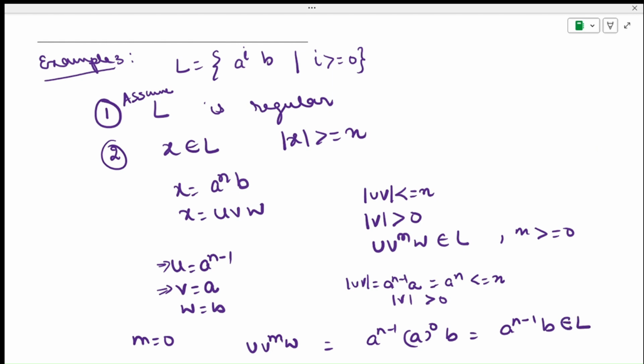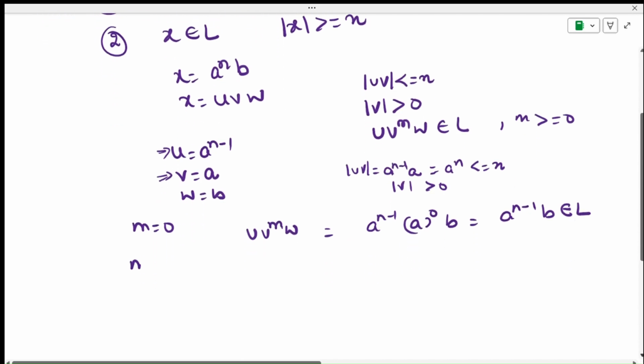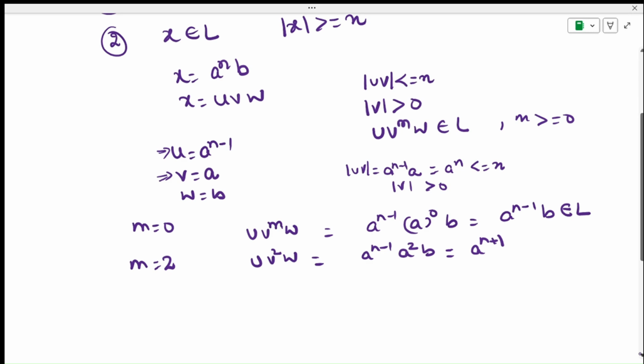Check for one more value of m. Suppose I take m is equal to 2. Put this, I'll get a raised to the power n minus 1 a raised to the power 2 b. It becomes a raised to the power n plus 1 followed by b. So it is also in L and so on.